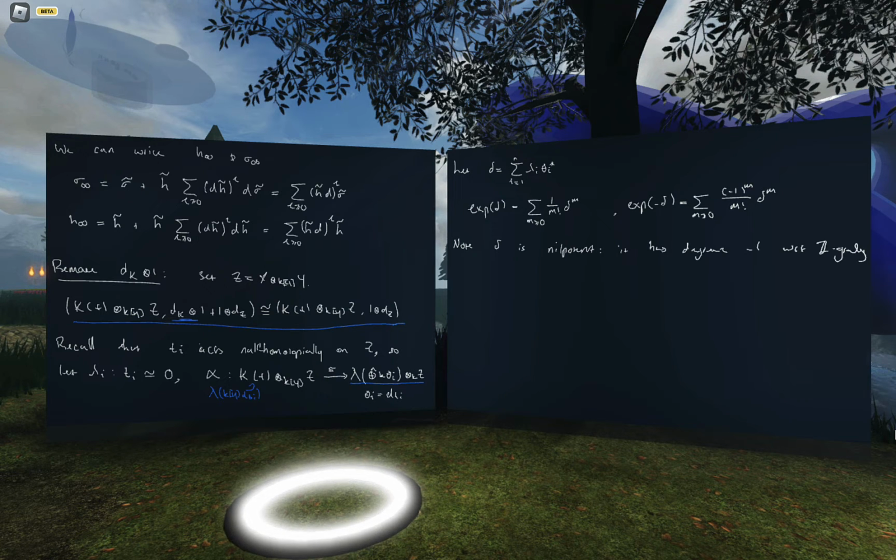So let's prove this is the isomorphism we claim.